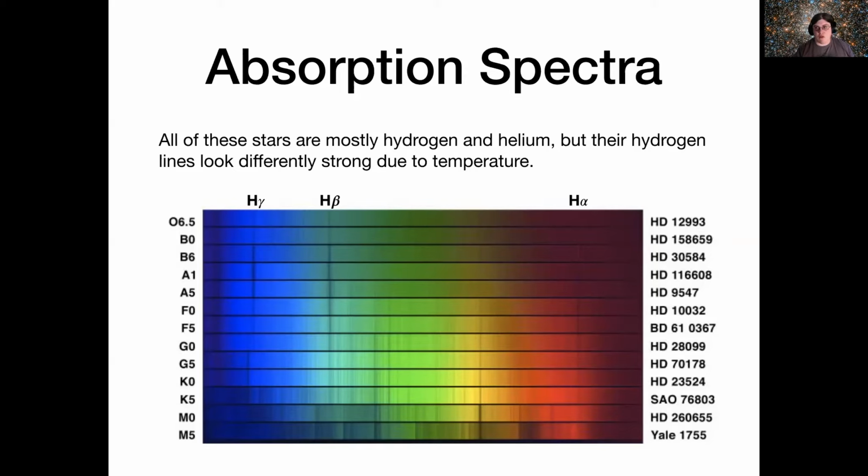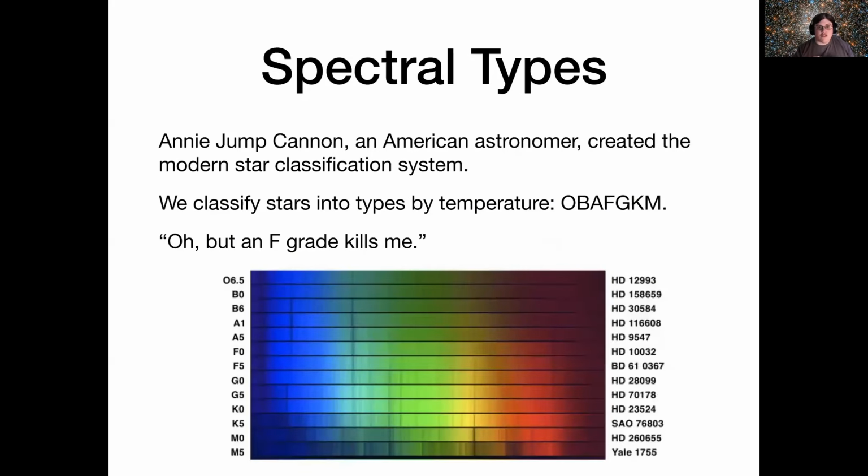In alphabetical order. But what astronomers noticed, and in particular one astronomer, Annie Jump Cannon, noticed, is that there was a trend, but it wasn't A, B, C, D, E, F, G, etc. If you arrange the stars by color, which we now know is a temperature proxy, you go from O to B, to A, to F, to G, to K, to M. The bluest stars, the hottest stars, don't have very strong hydrogen.